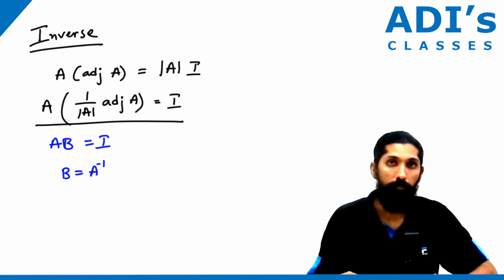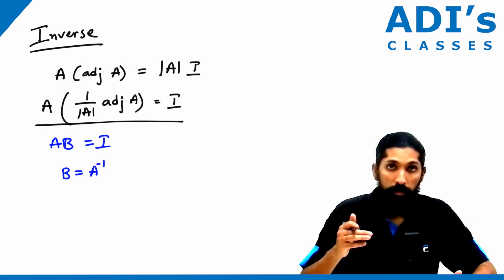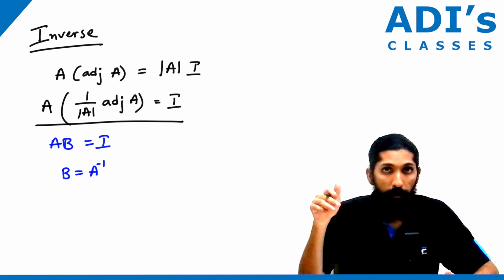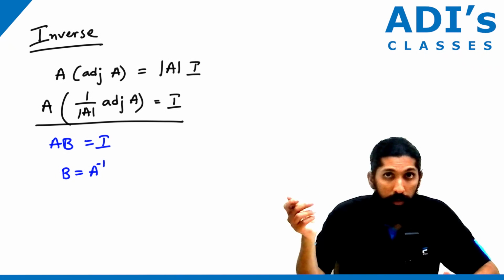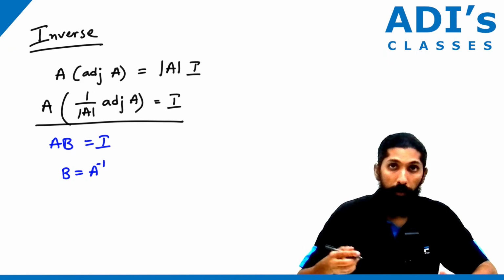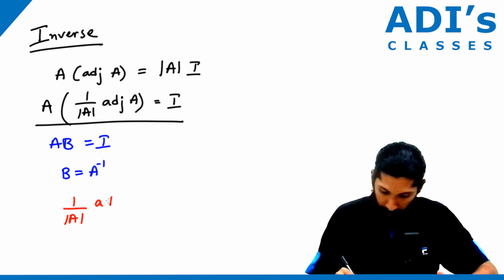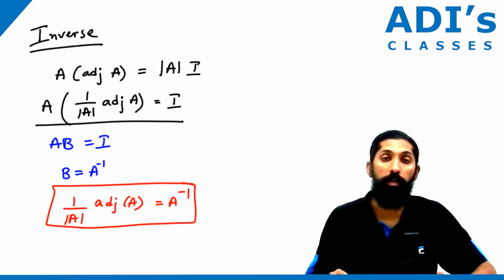A into something is giving me I. That something, 1 by determinant of A into adjoint of A, is basically in the place of B, correct? Now B is A inverse. That means if you compare, 1 by determinant of A into adjoint of A is what we basically call A inverse.